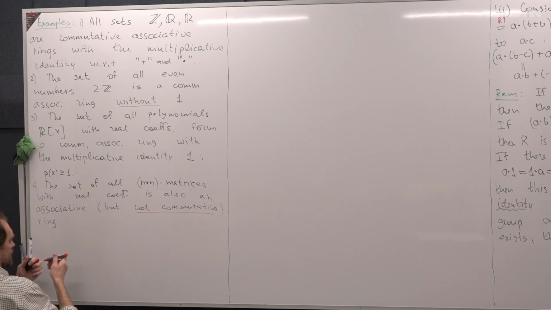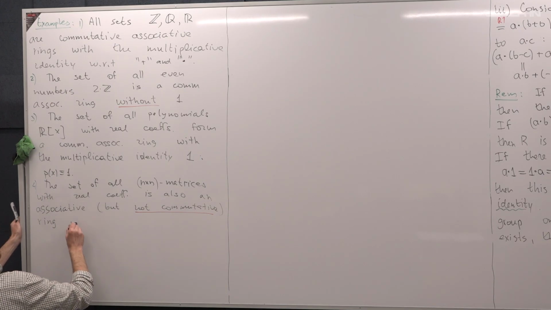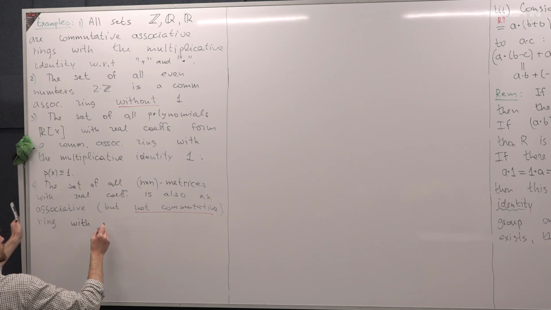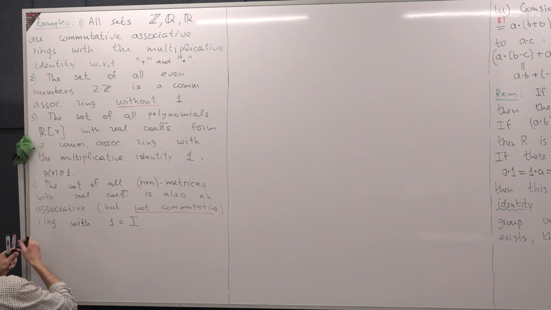We know that matrices do not commute in general with respect to multiplication, so this is an associative but not commutative ring with the multiplicative identity, which is just the identity matrix.